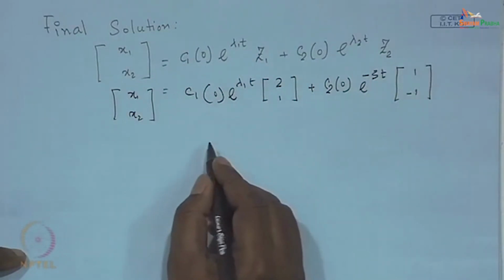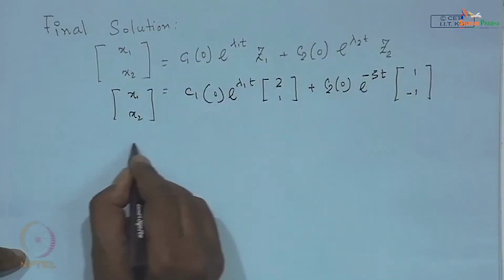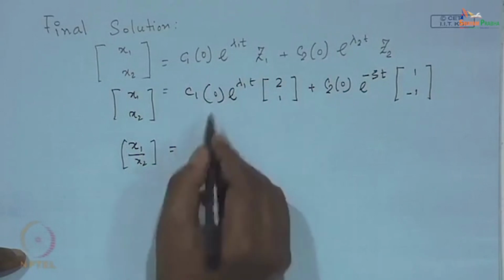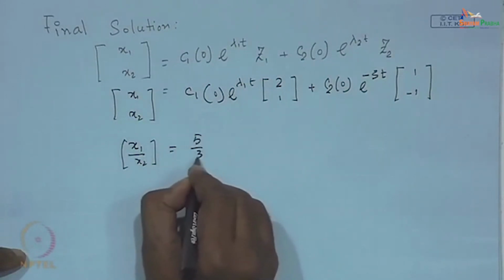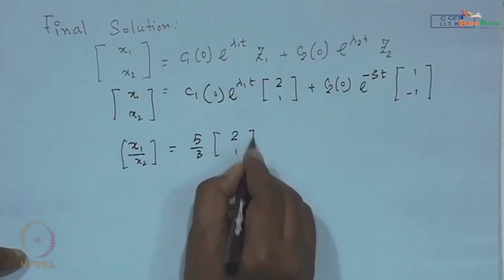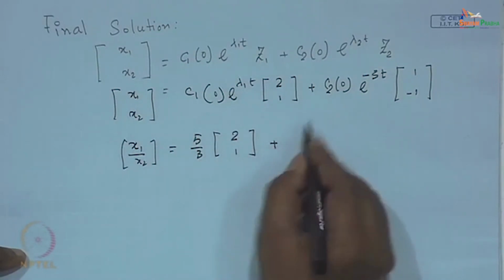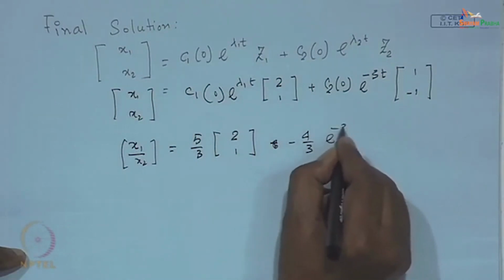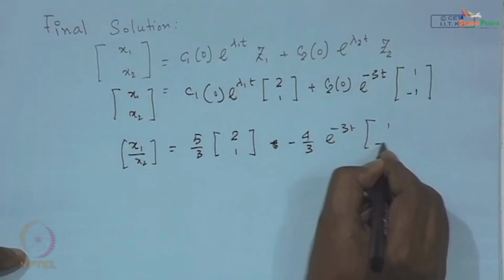Therefore, x 1 and x 2 become, putting in the value of C 1 as 5 by 3, lambda 1 was 0, so it will be 1, and this will be 2 1, plus C 2 will be minus 4 by 3 e to the power minus 3 t times 1 and minus 1.